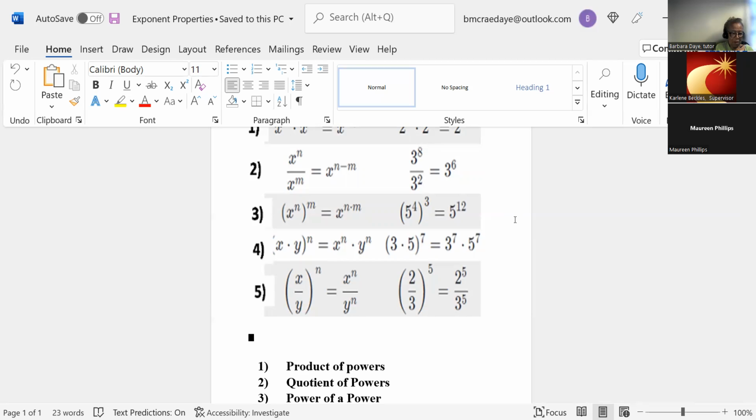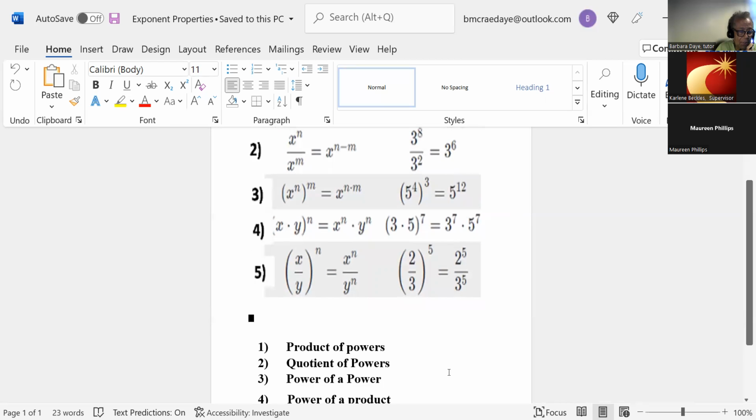No. Okay. All right. Now, number 4, and the parentheses kind of dropped there, but that's a parenthesis right there. So that's x times y is what operation, Maureen? What mathematical operation when you see x dot y?